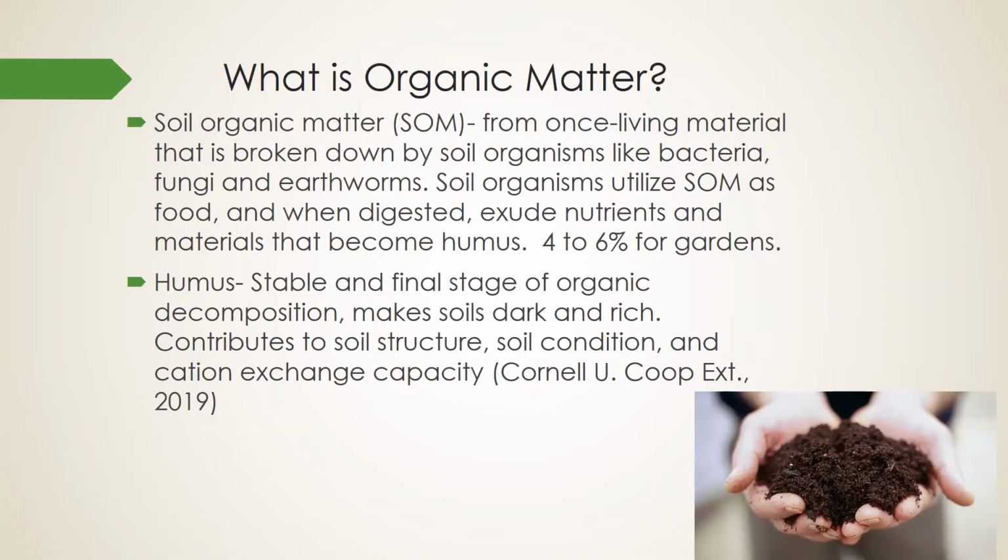And as it's digested, these microorganisms exude nutrients and materials that turn into humus. And ideally, a garden soil or a landscaping kind of soil is going to have between 4 and 6% organic matter.